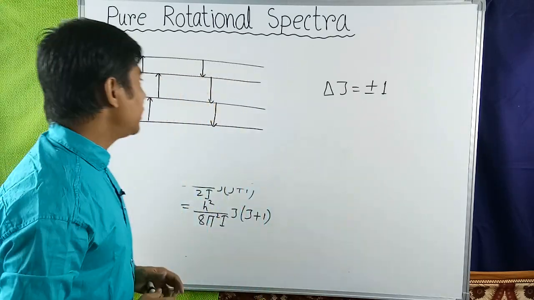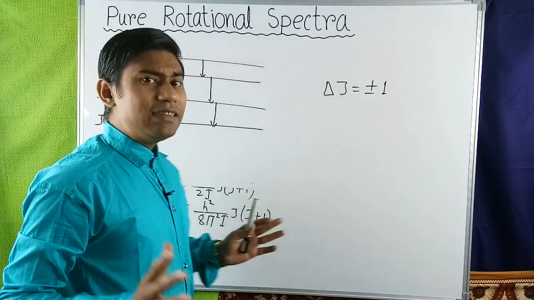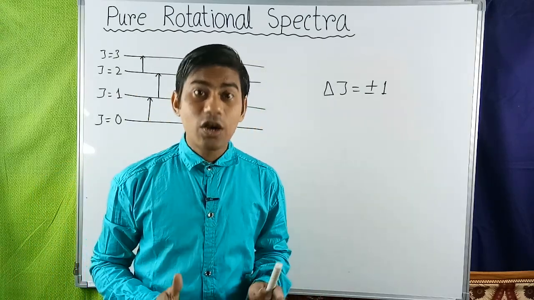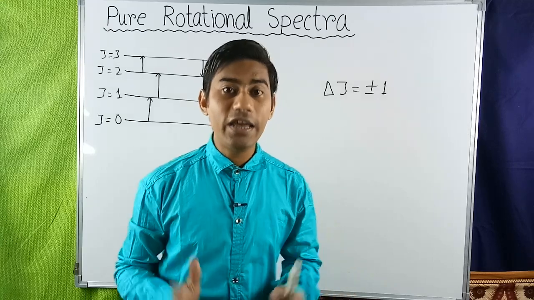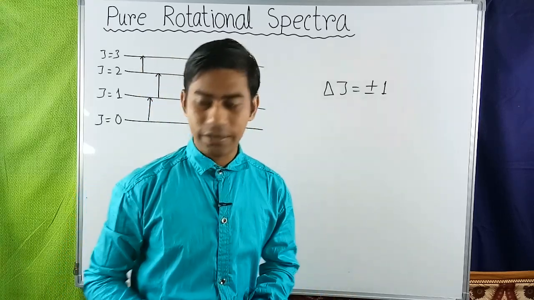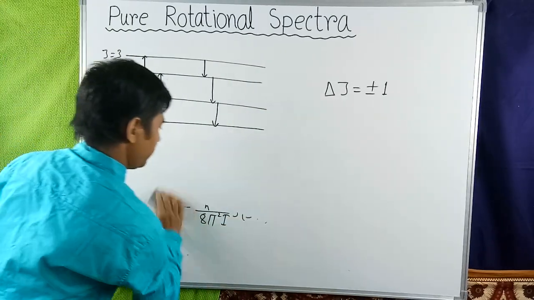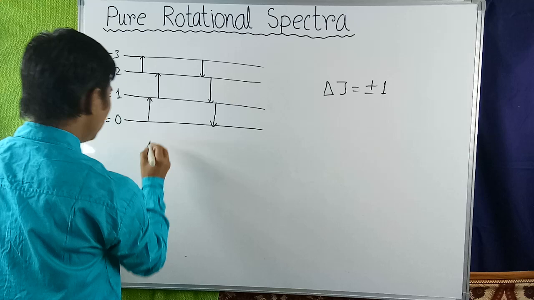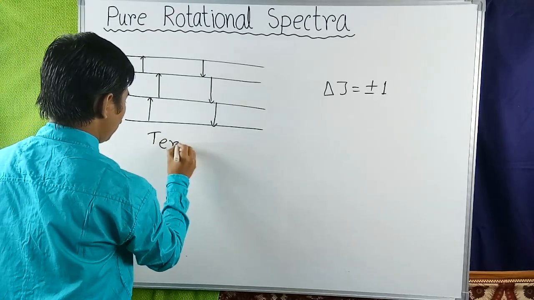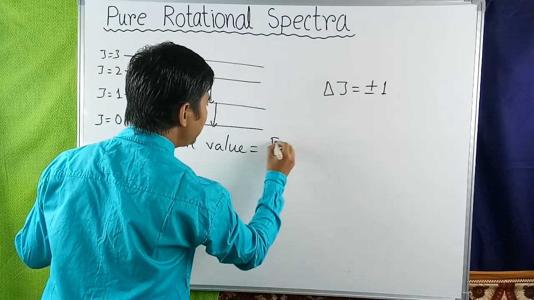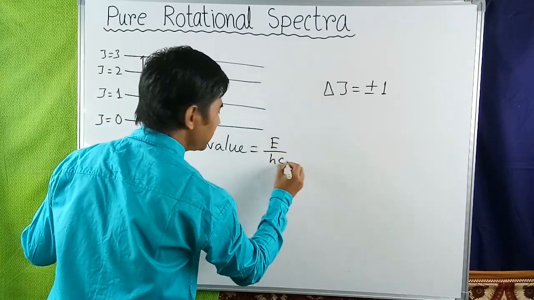Now, as in the case of atomic spectra, the energies of the different molecular levels are expressed by their term values. Term value equals E by hc.